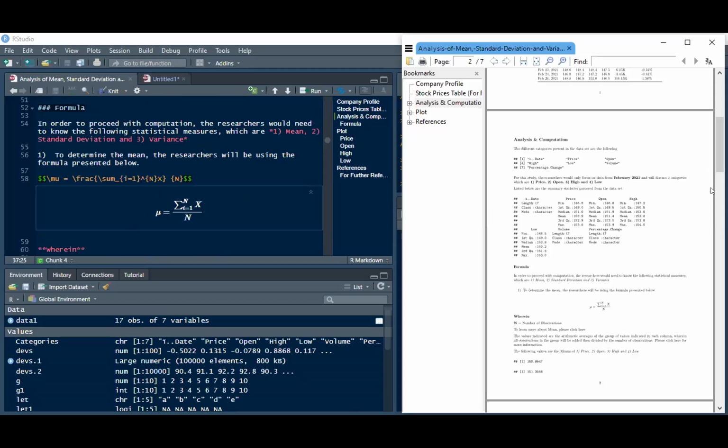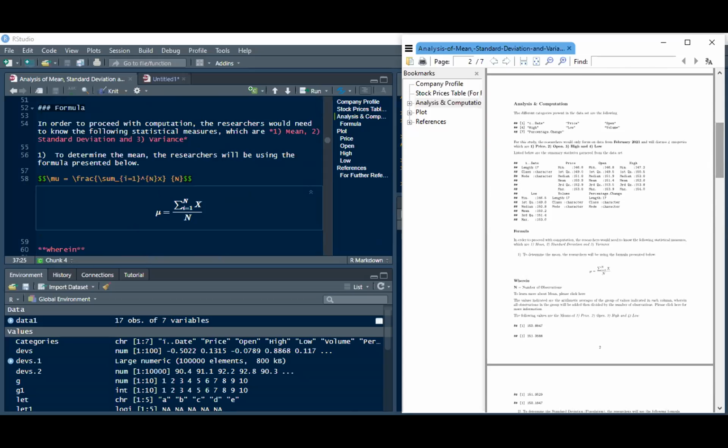Then for the formulas used, we actually use 3 formulas here, which are mean, standard deviation population, and variance population. I gave emphasis on the population because the formula for standard deviation sample and variance sample is different. So the first formula that we used was the mean.